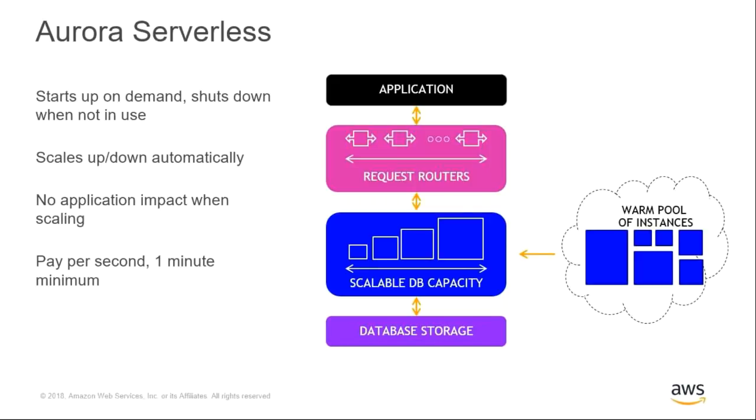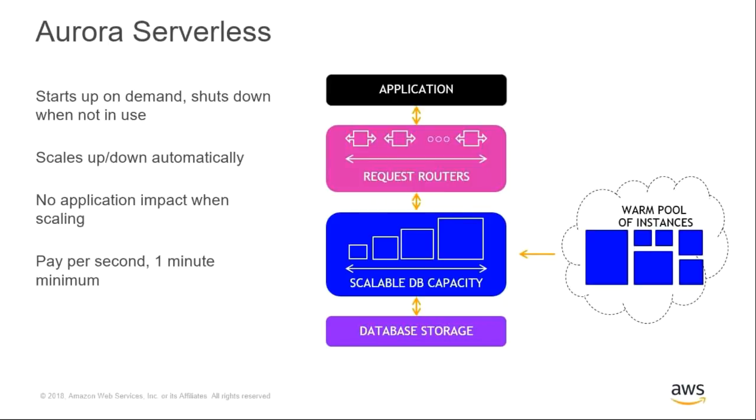Since those instances are warm and they're already initiated, they're already ready to run, then the scaling up and scaling down is very quick. It's much faster than what it would take you if you had to go and start and boot up that instance from scratch. And even when you shut down your database, we can still go and use one of those instances if your database needs to start up again.